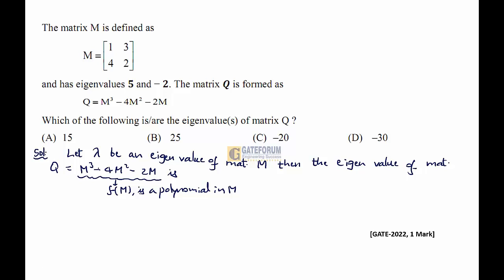Just substitute lambda in place of M: lambda cube minus 4 lambda square minus 2 lambda, using properties of eigenvalues.